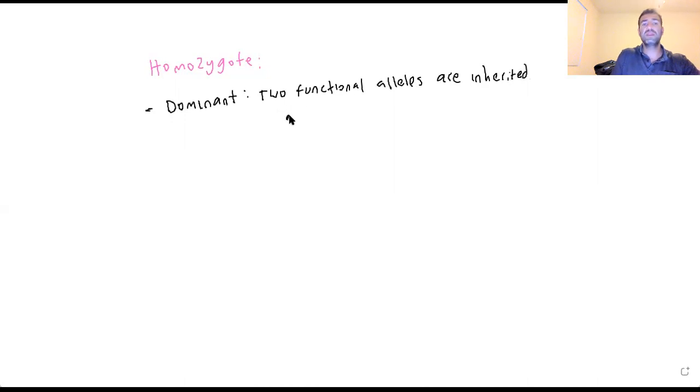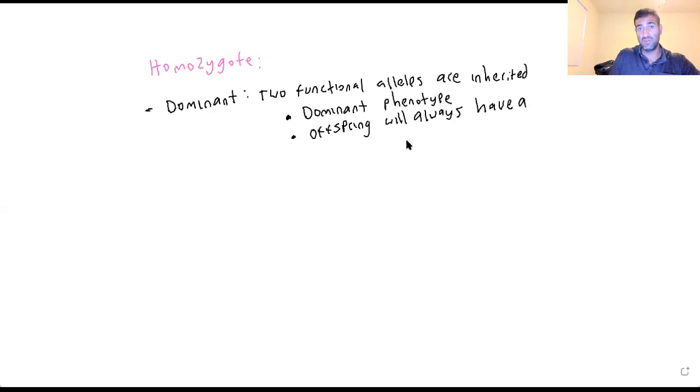Now, this also means that they have the dominant phenotype, obviously, because they have two dominant alleles. Also, they cannot pass down any disorder to their offspring because they don't have a disordered allele. So offspring will always have a functional allele.